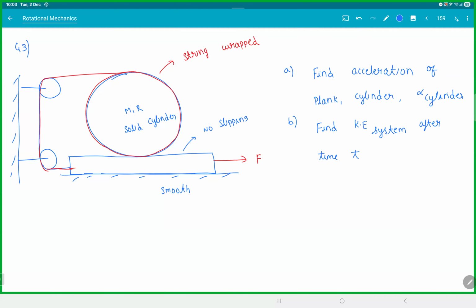Two FBDs, constraint equation, no slipping condition, torque equation. So let's get this. So mass of the plank is also m, right? Same. Yeah. Let's take it same.